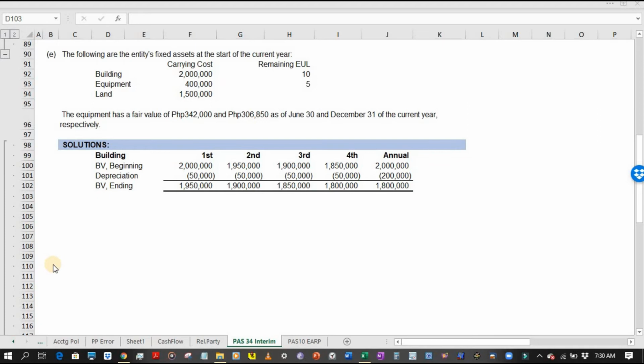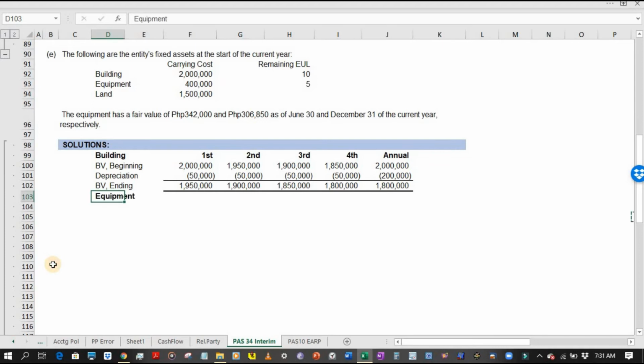It will no longer be similar to the depreciation expense computed prior to the impairment loss. So in order for us to compute the depreciation expense later on, we need to determine the remaining estimated useful life at the end of each quarter. Let's start with the first quarter.